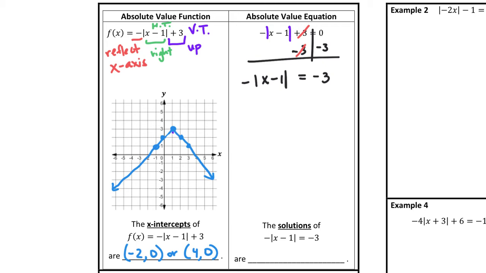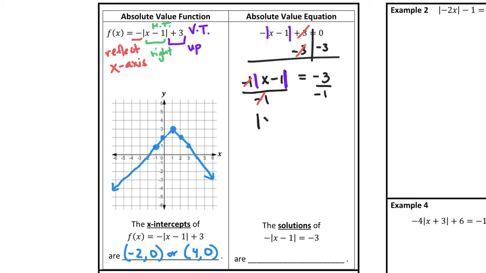Again, my goal is to get this absolute value by itself. So I need to get rid of this -1 here. To get rid of this -1, it's being multiplied, so the opposite of multiplication is division. So I'm going to divide by -1 on both sides. It's going to cancel the -1s.